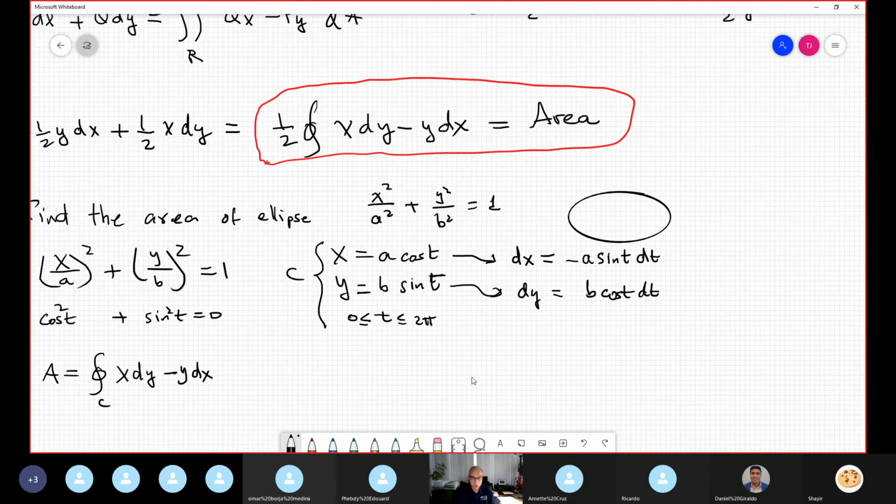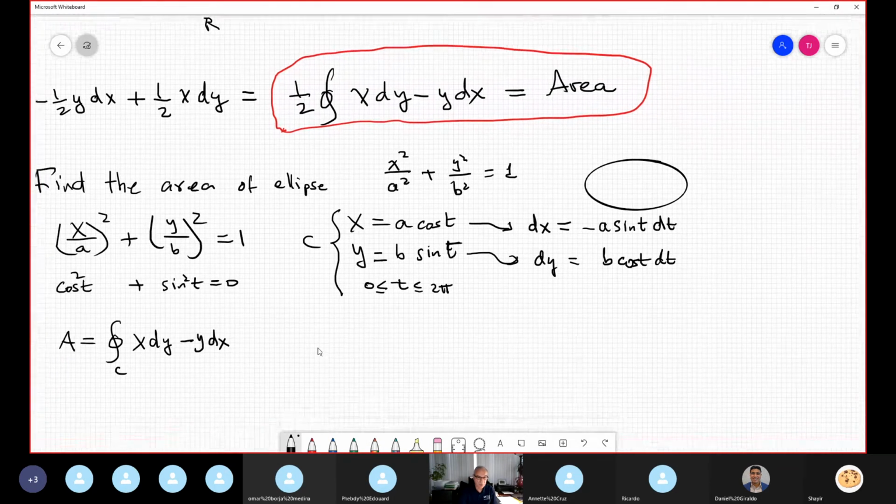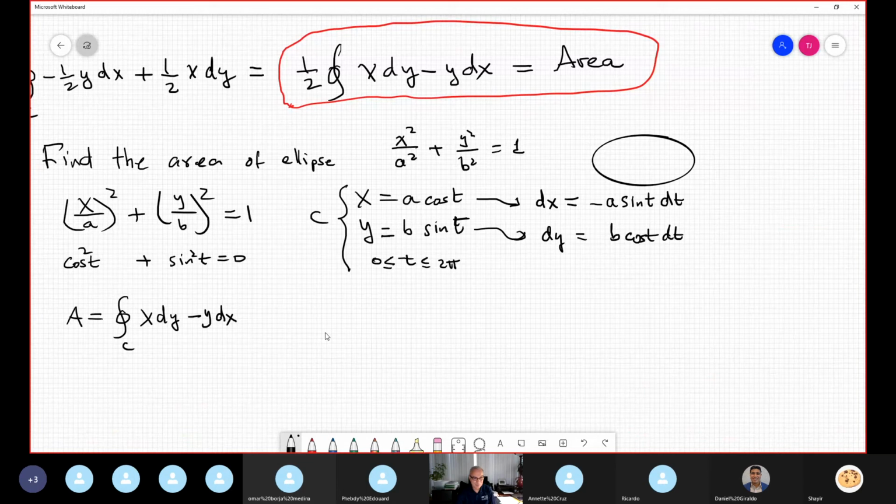Okay, put everything together. You convert this line integral into one regular integral, like in calculus 1, under the idea of the parameterization. Parameterization is magic because it allows us to convert a line integral into a regular integral. The limits are from 0 to 2 pi.